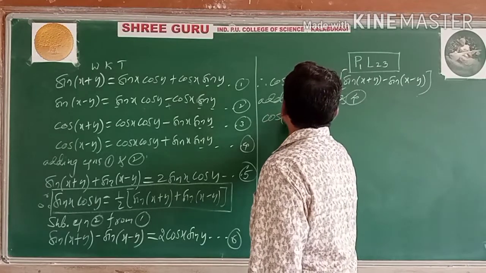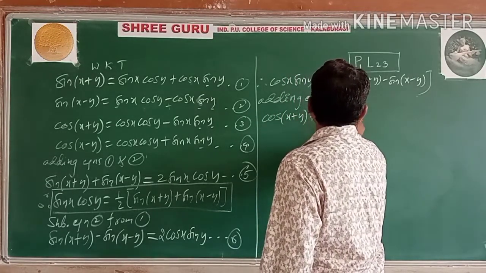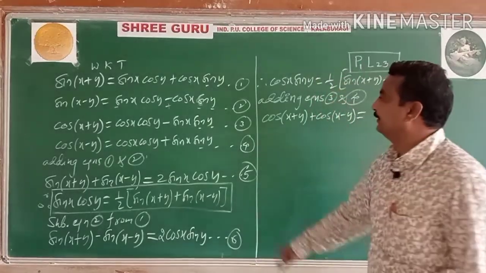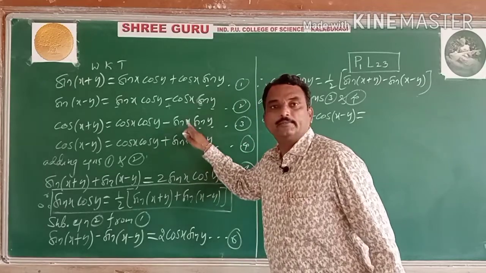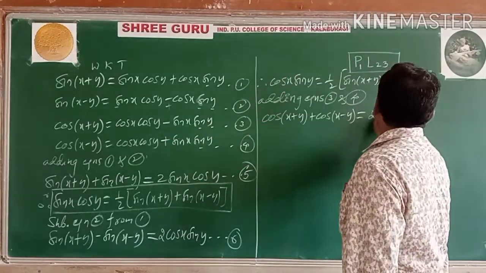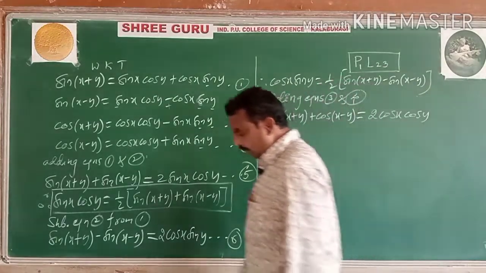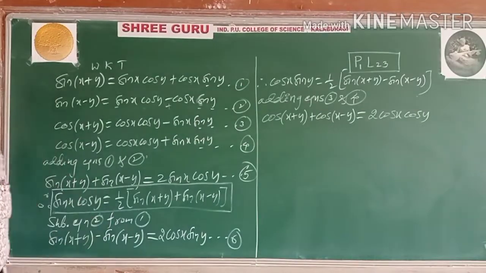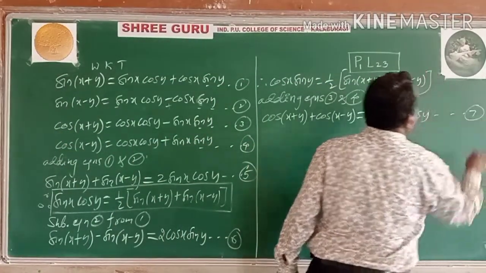Cos of x plus y plus cos of x minus y, adding here. Now see, the terms with opposite signs get cancelled: sin x sin y and sin x sin y cancel. What remains here? 2 times cos x into cos y. Call it equation number 7.